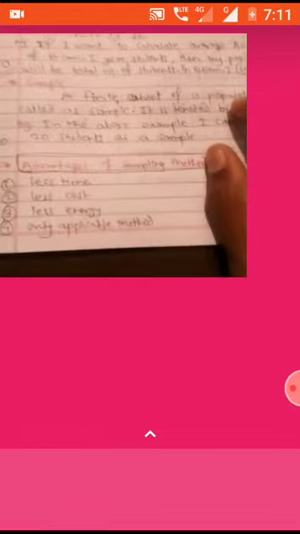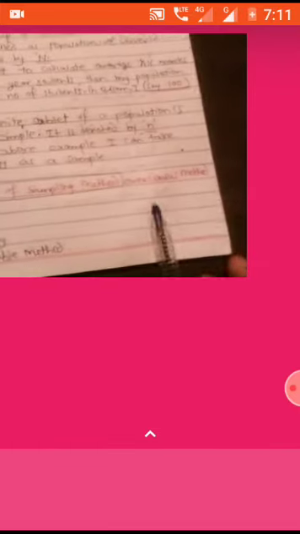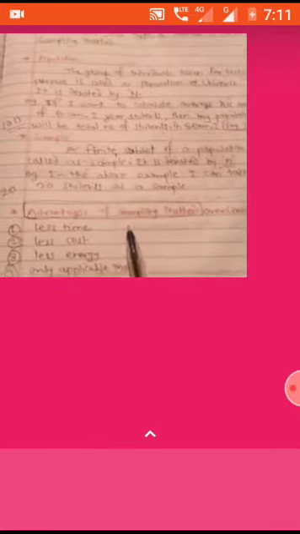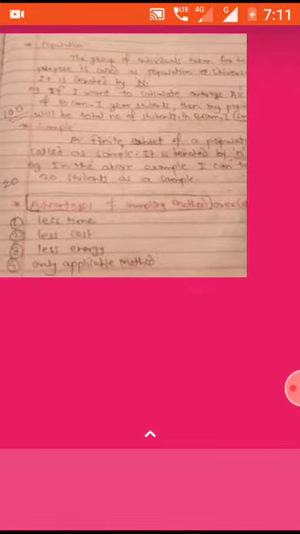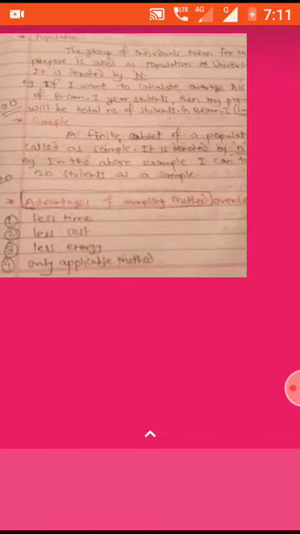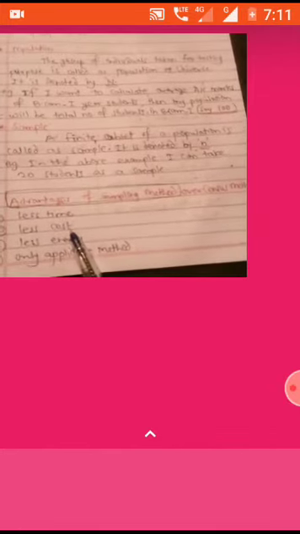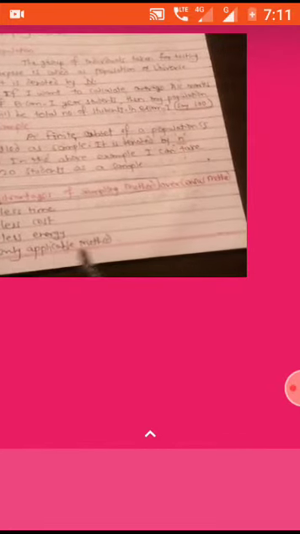From this information we can state the advantages of the sampling method over the census method, which is nothing but a comparison of the two. There are four advantages of the sampling method: less time, less cost, less energy, and the only applicable method.